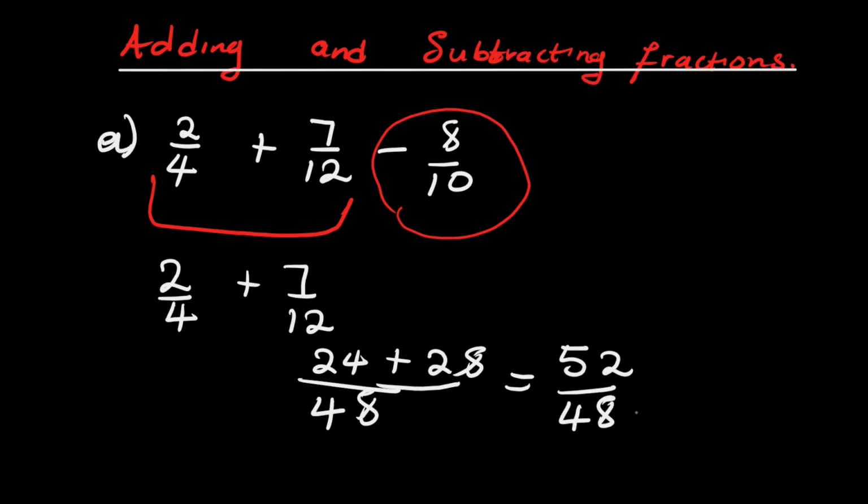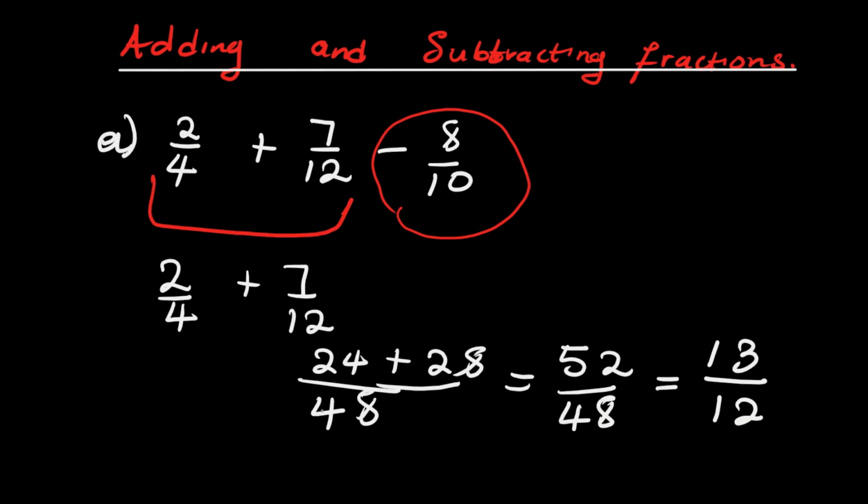This can be simplified further by dividing both the numerator and the denominator by 4. We'll get 13 if we divide 52 by 4, and 12 when we divide 48 by 4. And this is the final answer.